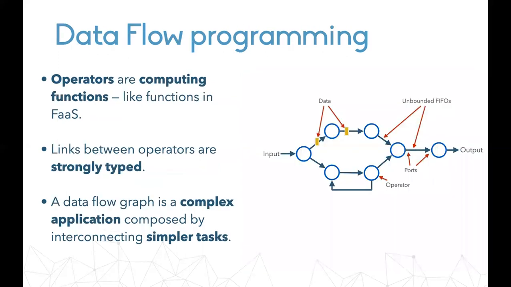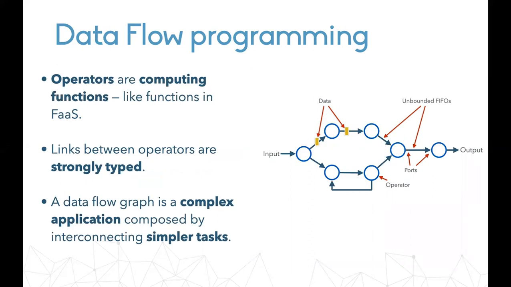There is also another paradigm which resembles function as a service. It's a paradigm that is not really new. It was used for a lot of years especially in aerospace and military applications, but now it is emerging also for consumer applications, especially for robotics and autonomous vehicles. It is the data flow programming paradigm.